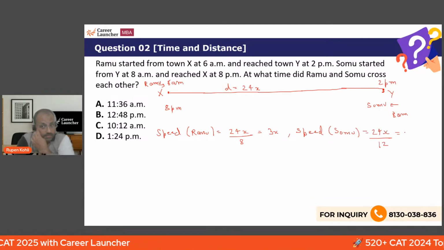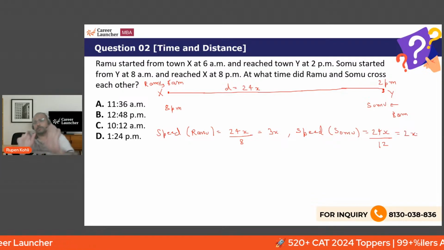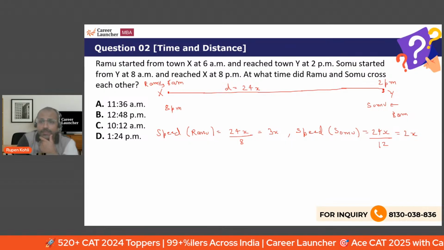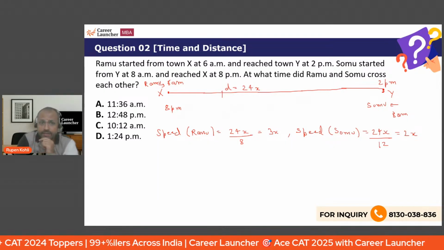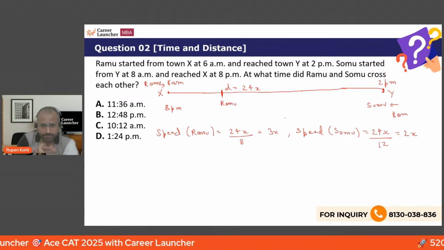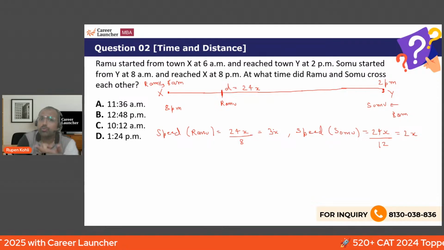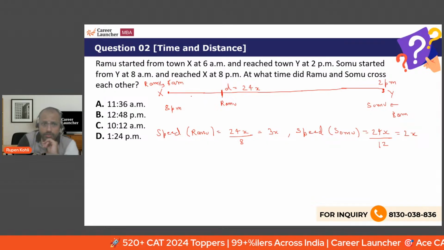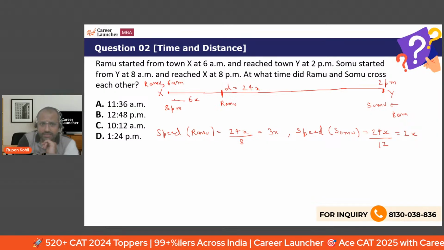He can run this distance in 12 hours. So his speed is 2x. That helps me to take into account what happens until 8 a.m. At 8 a.m., Somu is at point Y, and here is Ramu somewhere down the line, having covered some distance, which is 3x speed into 2 hours, from 6 a.m. to 8 a.m. So he has covered already 6x distance.